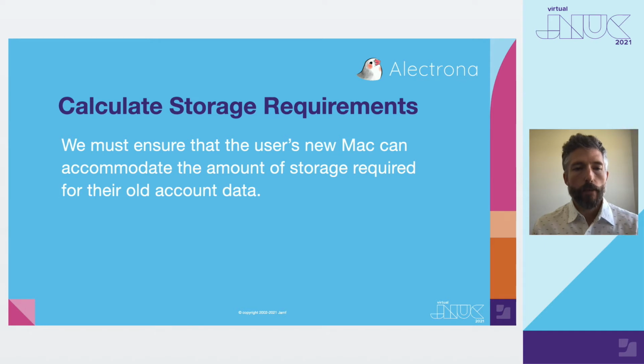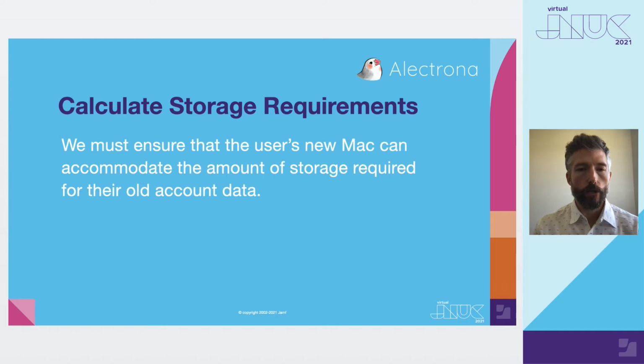And then obviously we want to make sure that the storage requirements are in our favor. We need to ensure that the user's new Mac can accommodate the amount of storage required for their old account data. We don't want to run through this process and begin migrating data and then end up running out of disk space on the new Mac because it has a smaller hard disk than their old one.